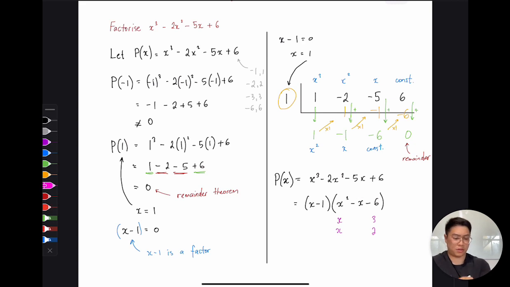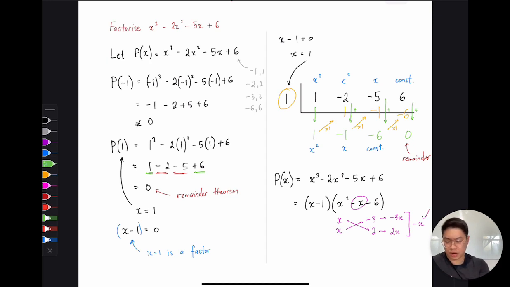When we cross multiply them and add them together, it needs to equal -x, so I'm going to pop a -3 here. If I cross multiply, that equals -3x. If I cross multiply here, we have 2x. If we add these two together, it equals -x, which checks out with our middle term.